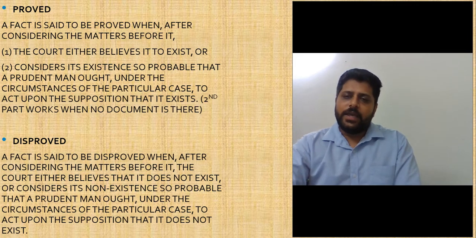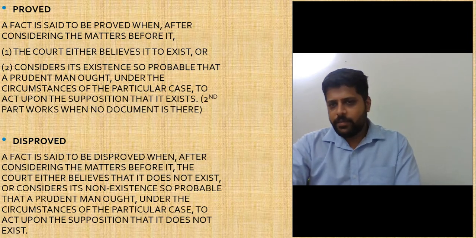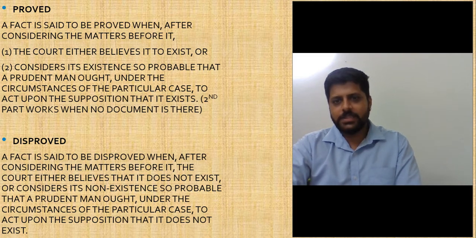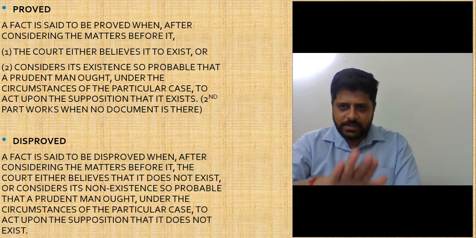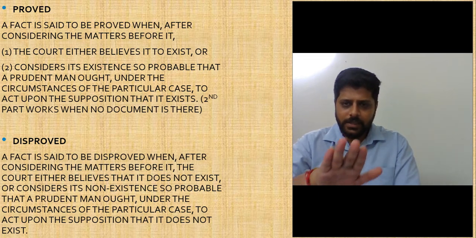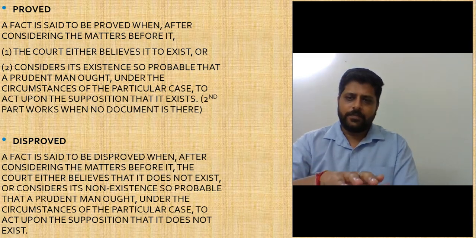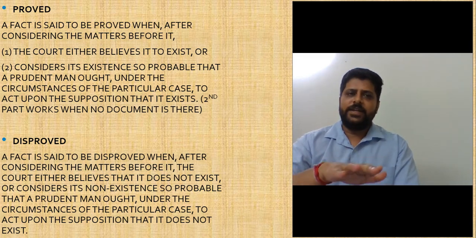If there is a matter before the court, and after the investigation it has been shown that this particular fact exists in the trial, and the court believes that this particular fact exists.